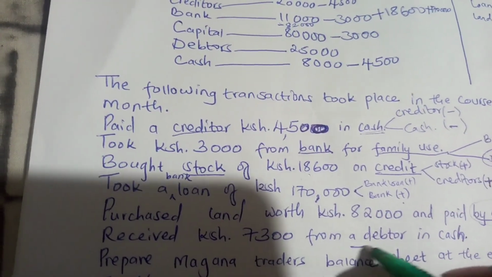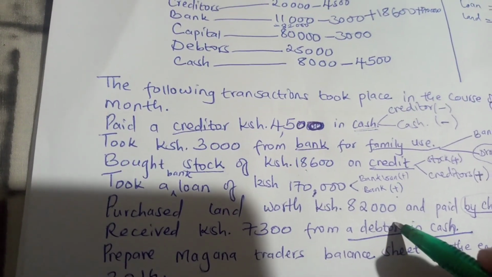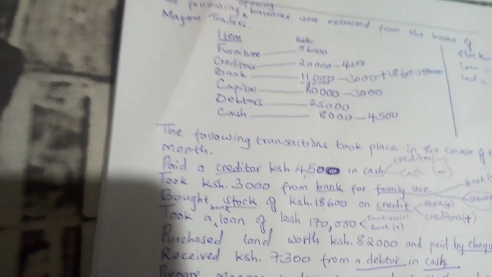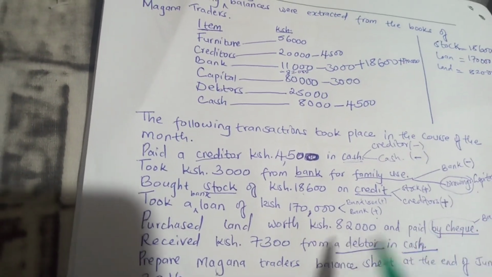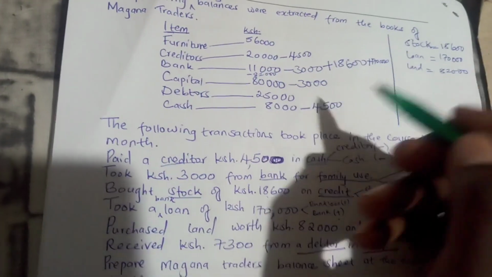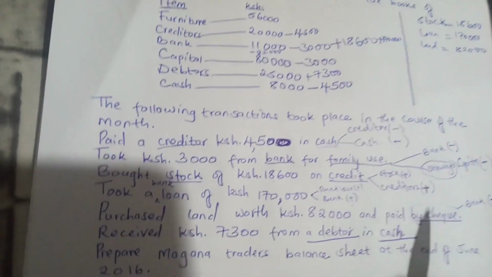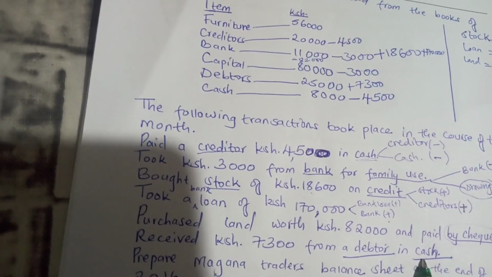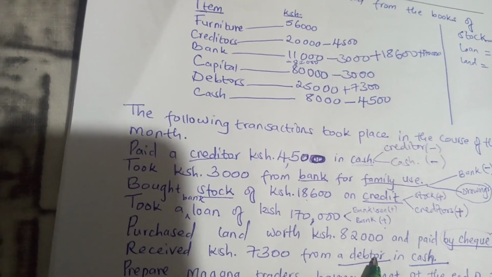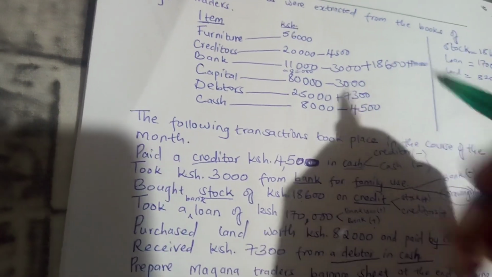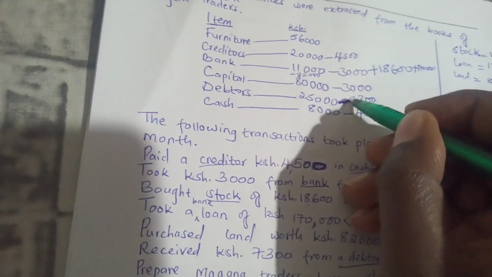And finally, received 7,300 from a debtor in cash. So we have the debtors account, sorry, receiving money from a debtor, therefore debtors is reducing.